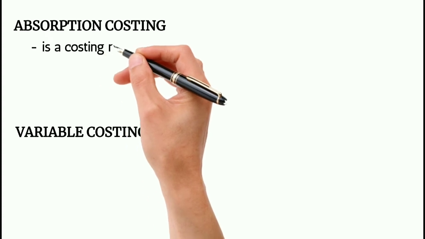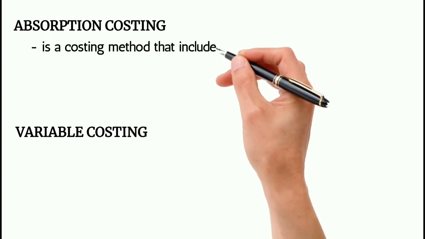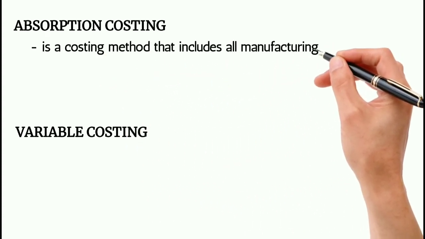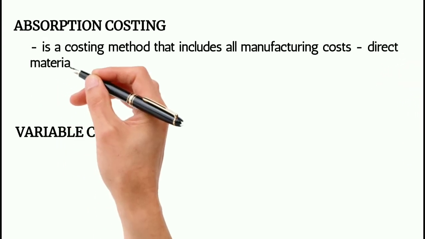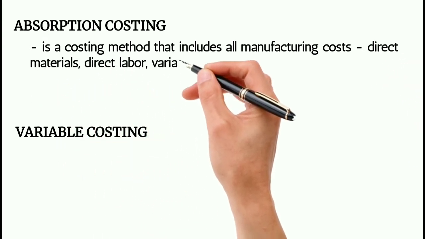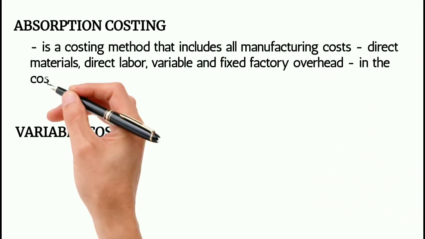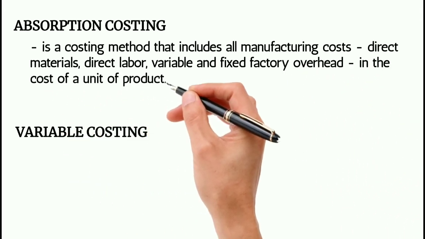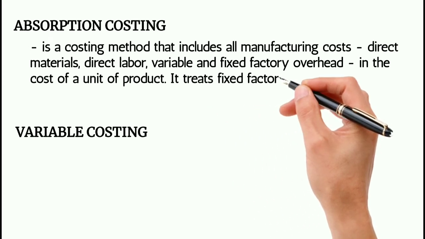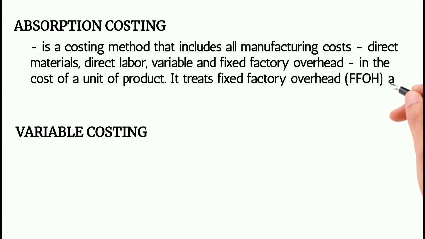Absorption costing is a costing method that includes all manufacturing costs, direct materials, direct labor, variable and fixed factory overhead in the cost of a unit of a product. It treats fixed factory overhead as a product cost. Again, under the absorption costing, ang fixed factory overhead ay product cost.